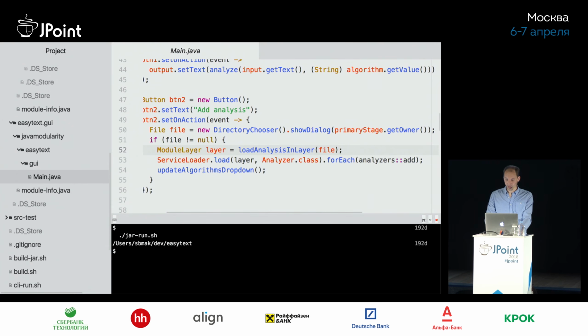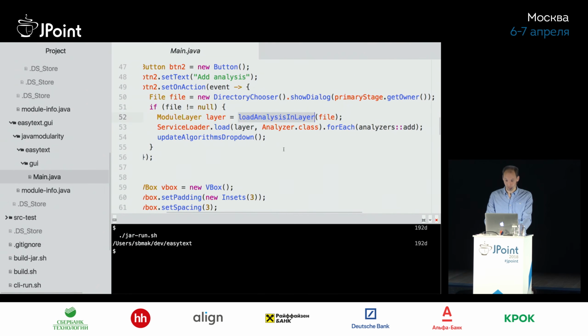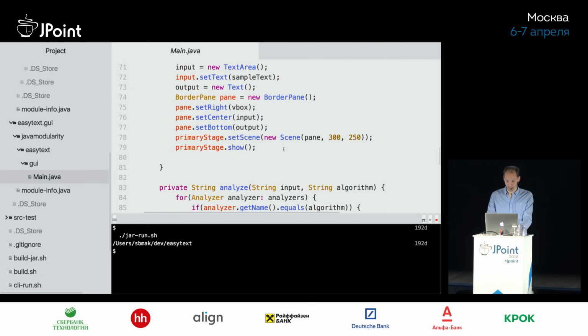Now, with this new module layer in hand, we can call the service loader again, now passing in this new layer, and we're still requesting the analyzer interface here, and then we get back all the new implementations from the new layer, and we can add them to the UI, update the UI, and everything's okay again. So of course, the most interesting stuff is in this loadAnalysisInLayer method, where we create a new layer. So let's move on to that.